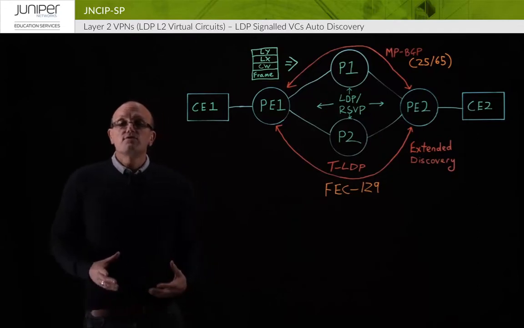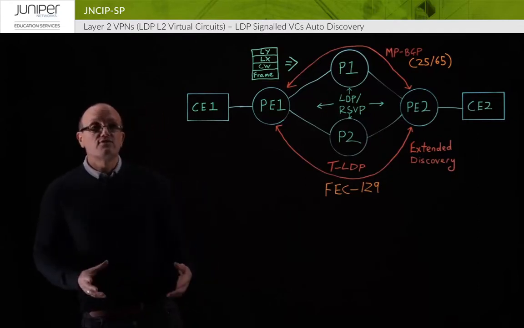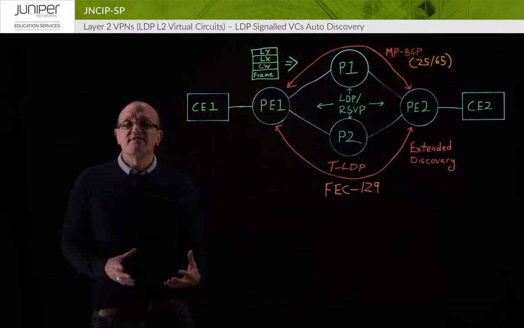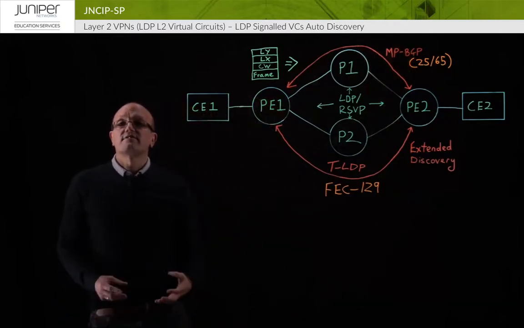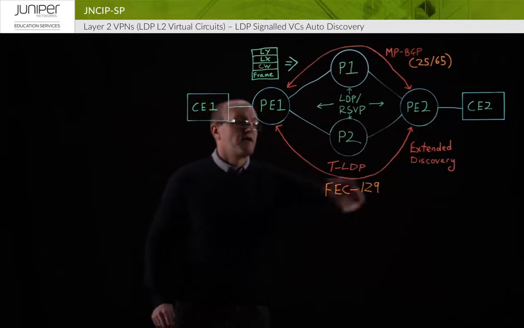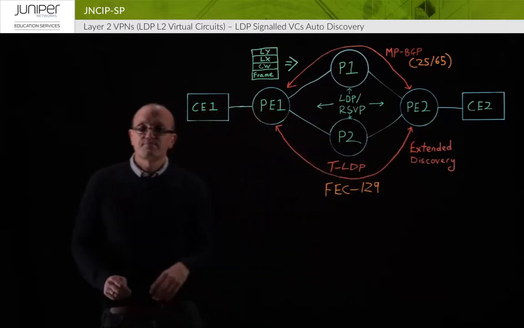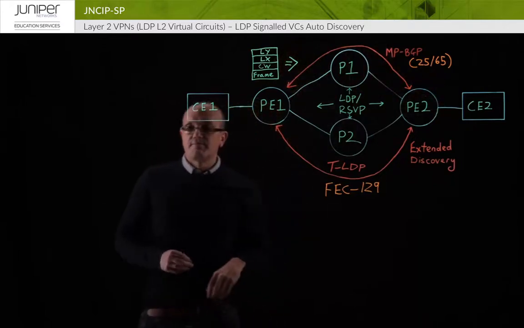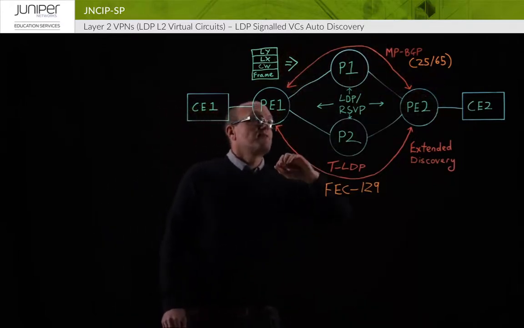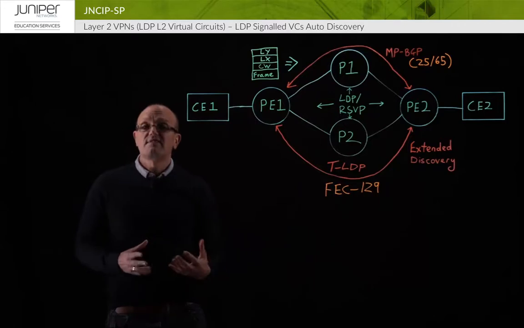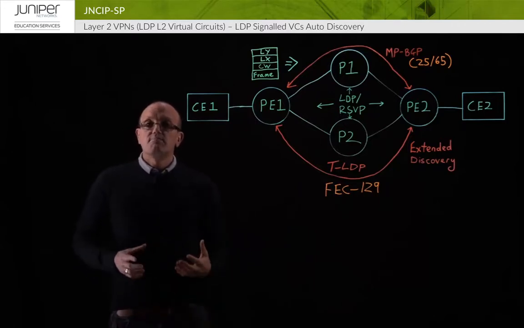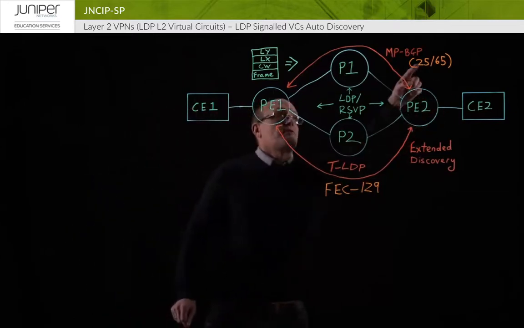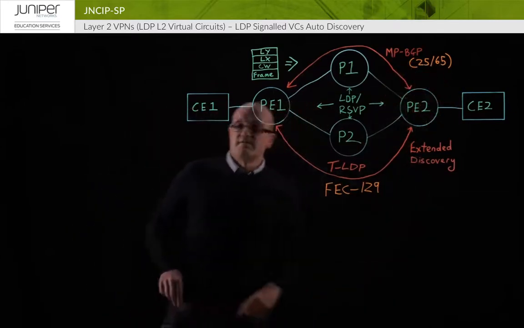To use auto-discovery, we need to turn to multi-protocol BGP, and this helps us facilitate the signaling that we're still going to be doing with targeted LDP. Within multi-protocol BGP, we use the same address family that we're using with standard BGP signaled layer 2 VPNs, i.e. AFI 25, SAFI 65.